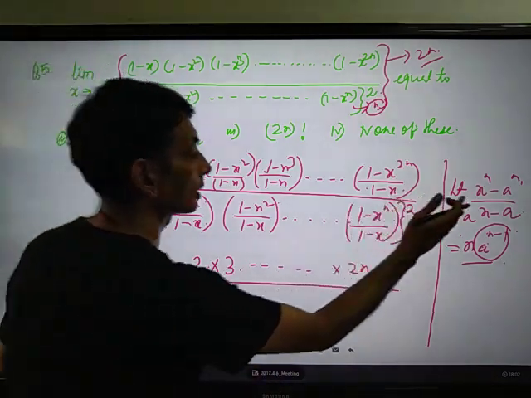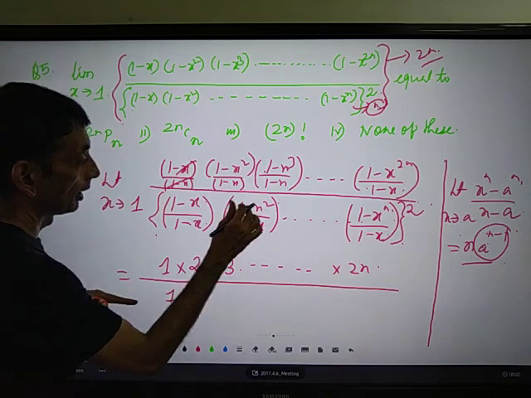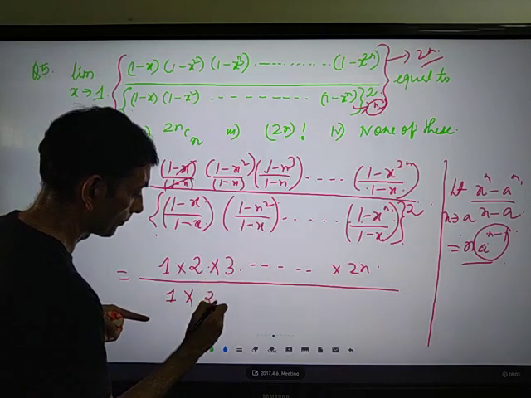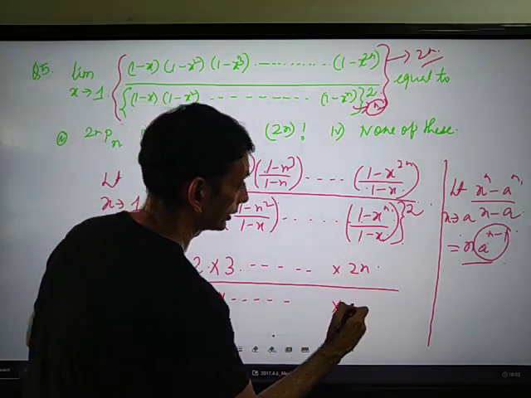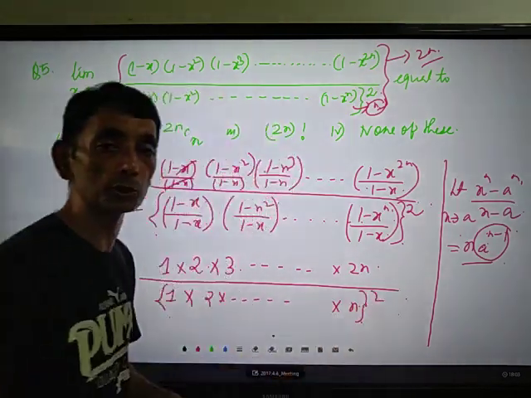Similarly, the same theorem will be used for the denominator, so this will be 1, and this will be 2, and it will go on, and this will be n, and here the square is there, right? It's almost done.